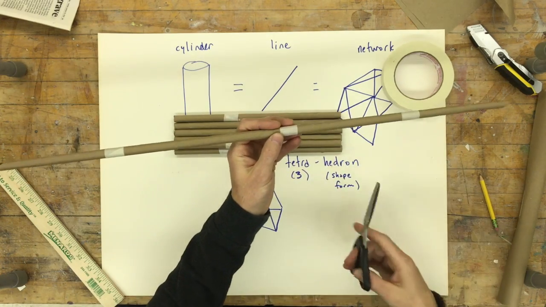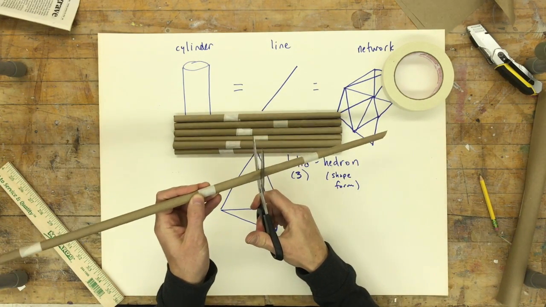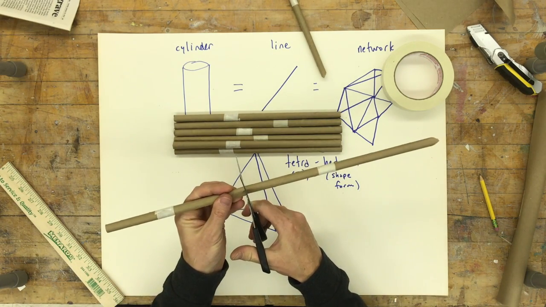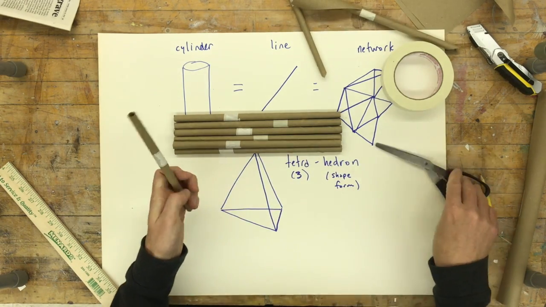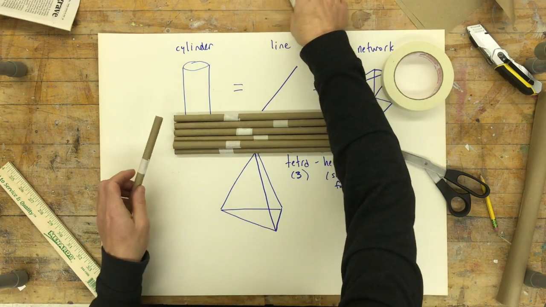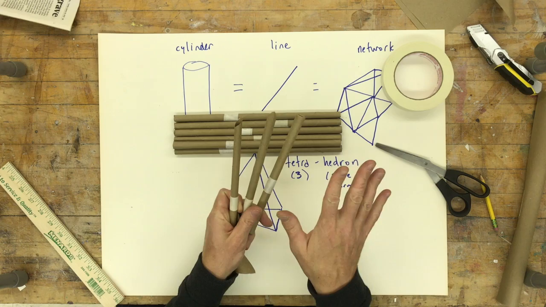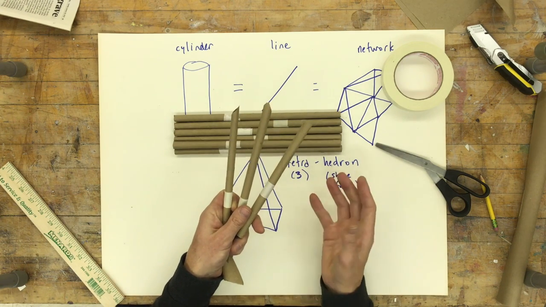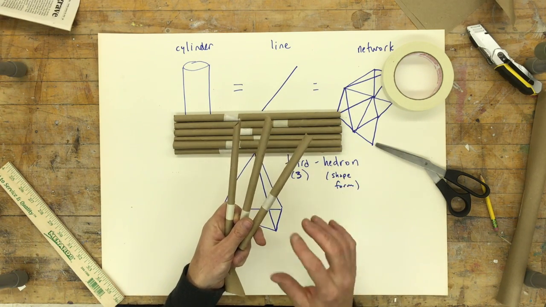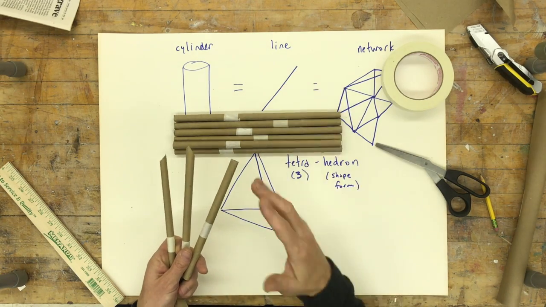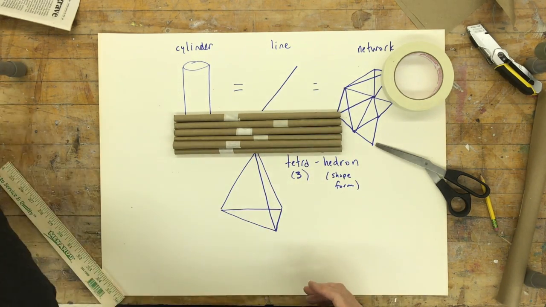And we then, of course, can cut and cut. And then we have more of those elements. So there are times where you might want to do that so that you can actually get 2 or 3 lines out of just one cylinder.